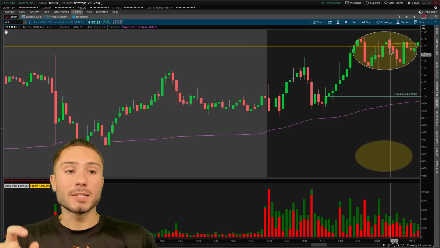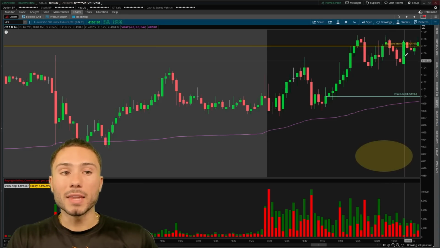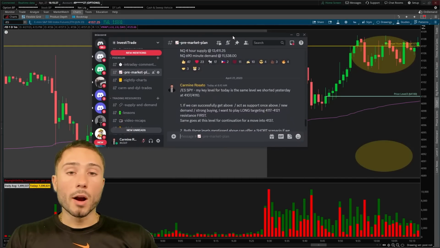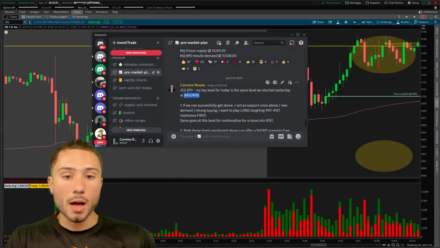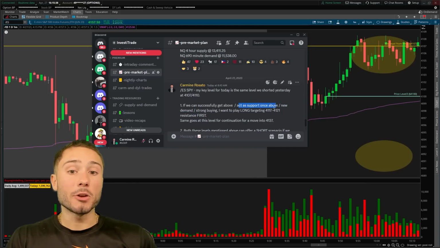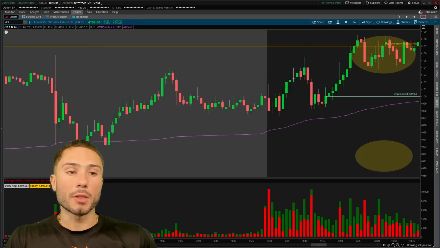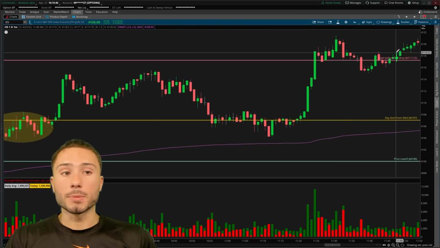And this, in fact, is a bullish indication because this consolidation will also formulate a new demand zone, where, if you look at the pre-market plan, if we get to this 4107 level and either new demand forms or it acts as support, then this is going to indicate continuation, and I would want to play longs targeting the next supply zone and not be so interested in shorting this level of resistance or even supply to the upside.